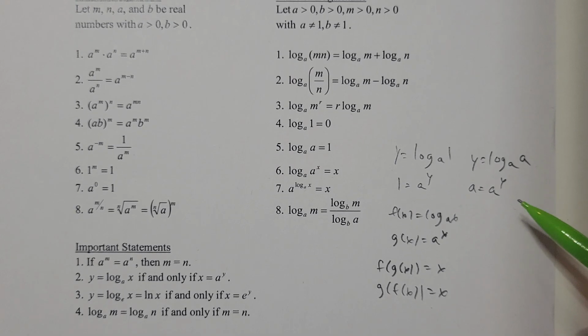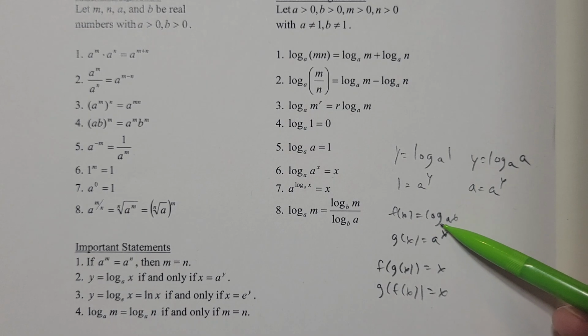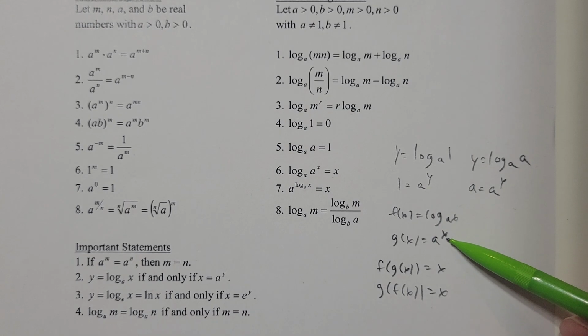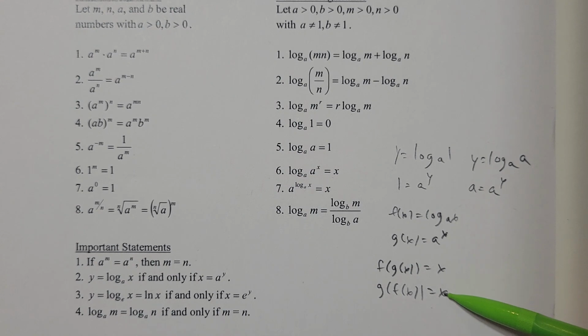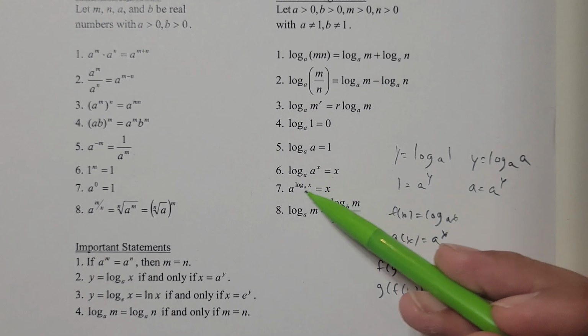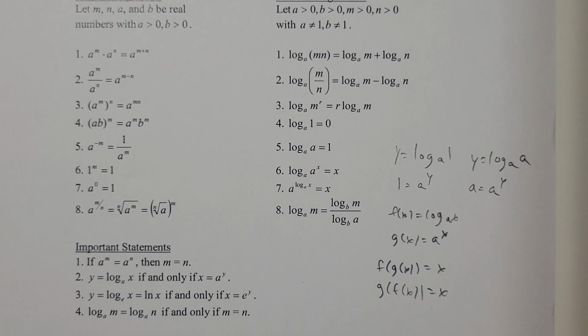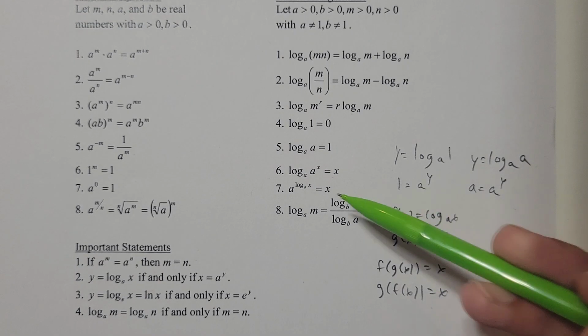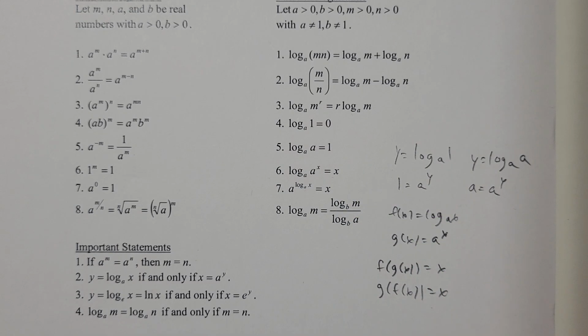Law 7, okay. So if I plug this logarithm into the power for a to the x, I have a to the power log base a of x. That's equal to just x. Okay, and that's where law 7 is coming from. So again, laws 6 and 7 are just coming from the fact that a logarithm is the inverse of a particular exponential.